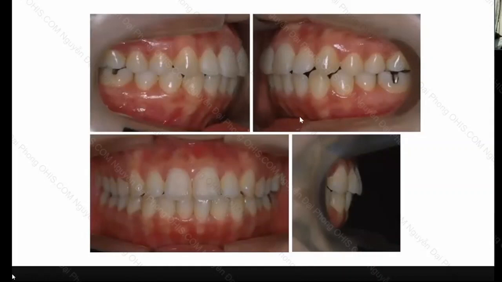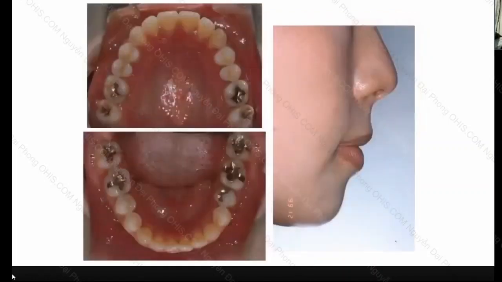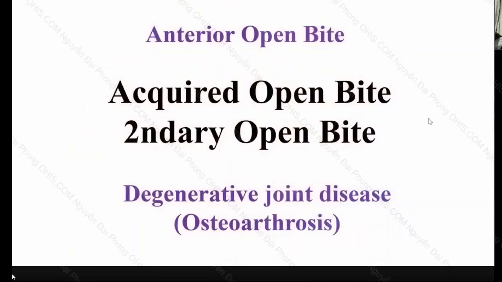No bite opening. Now tooth number 8 has erupted in tooth number 7 position, and now there is acquired open bite or secondary open bite.